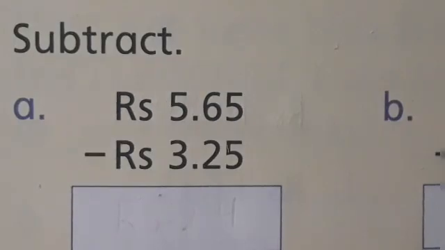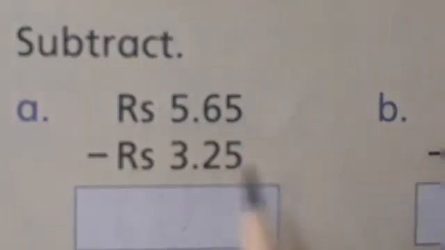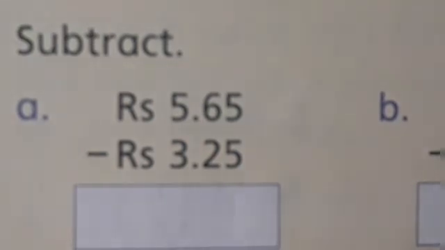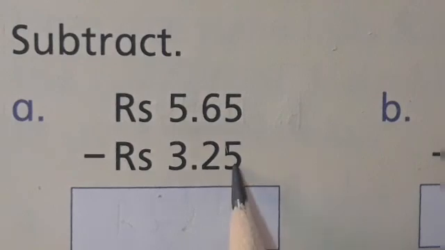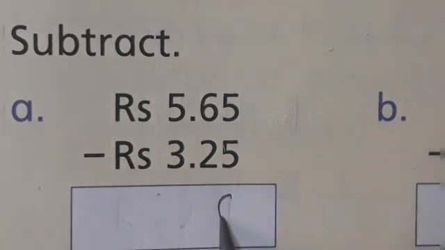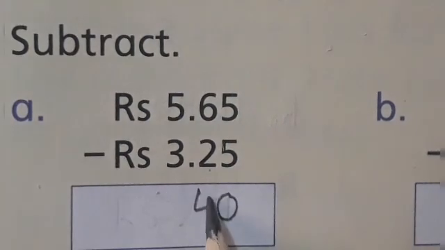Okay students, now on page number 133, question number 9, subtract. Let's start to subtract A part. 5 minus 5 is equals 0. 6 minus 2, how many? 4.